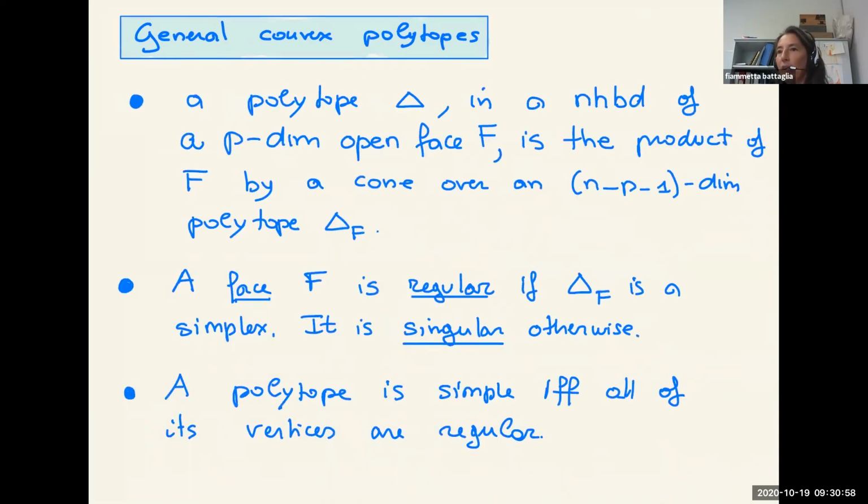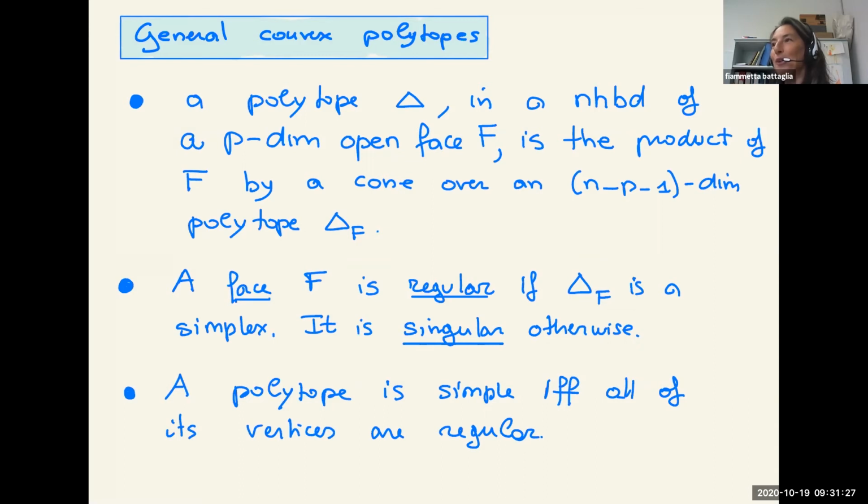We have seen in the simple case that the complex toric quasifold was modeled on the polytope, and this is going to still be the case in the non-simple case.